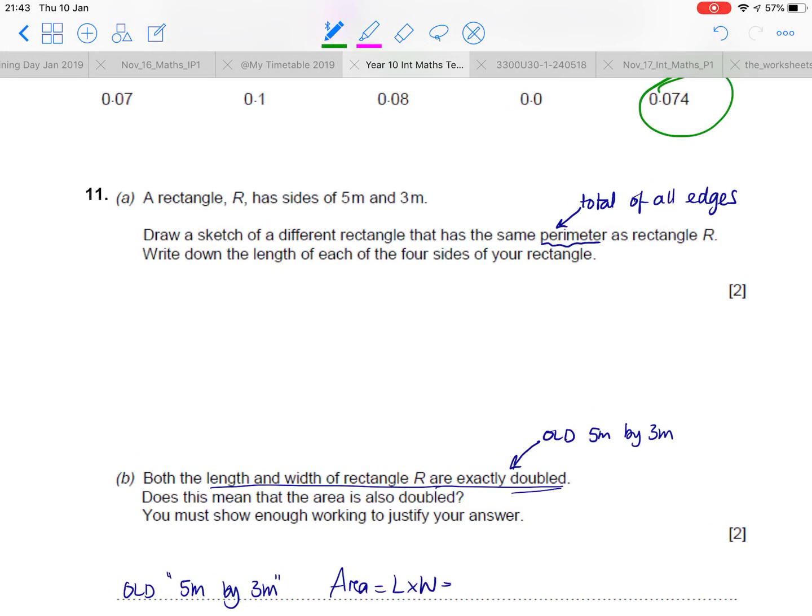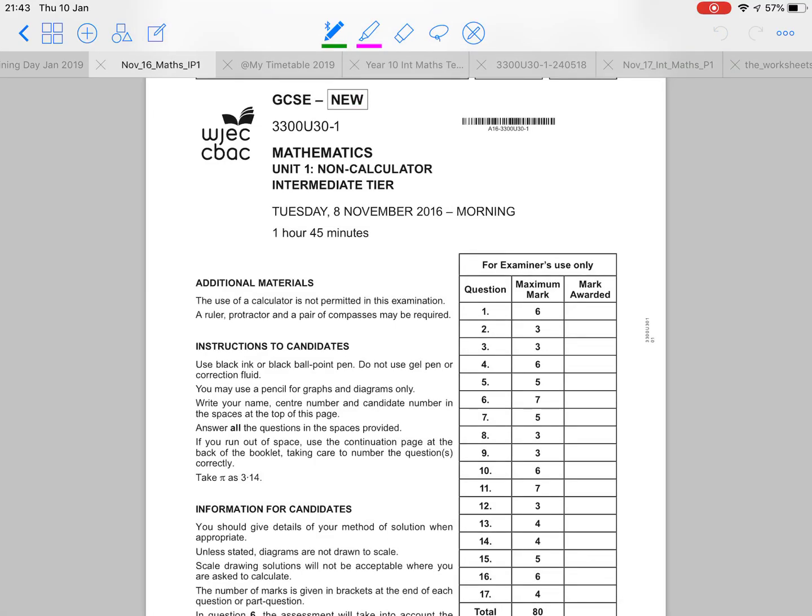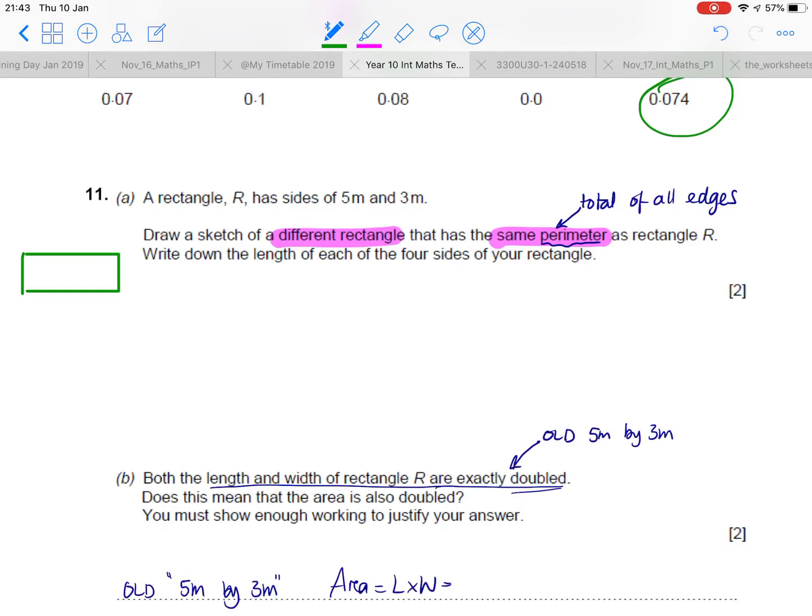In question 11, we're looking for a different rectangle with the same perimeter. The perimeter of the first one, if it's going to be 3 by 5, the perimeter of the first one is 3 plus 5 plus 3 plus 5, which makes 16.